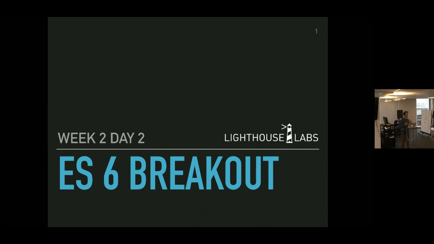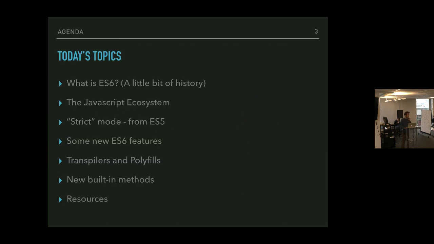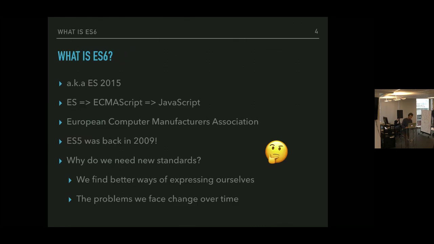We're going to see that ES6 is one of the newest versions of JavaScript. As far as topics, we'll start off by talking about what ES6 is. We'll look at some history of the JavaScript ecosystem, and then we'll look at the new features that have been included in JavaScript in recent years.